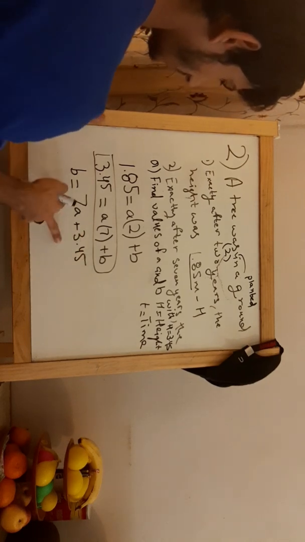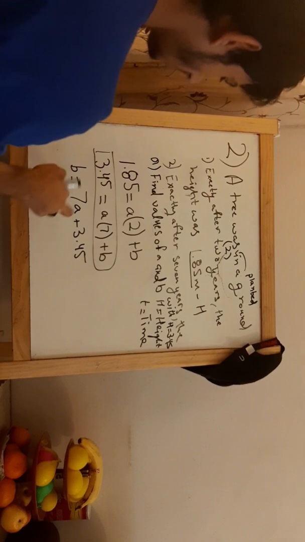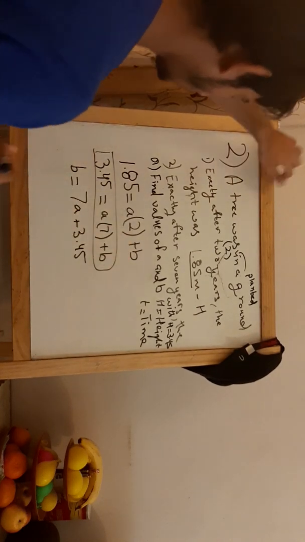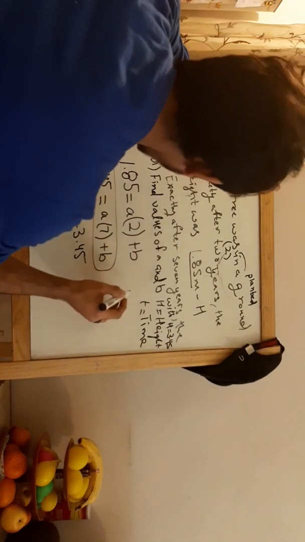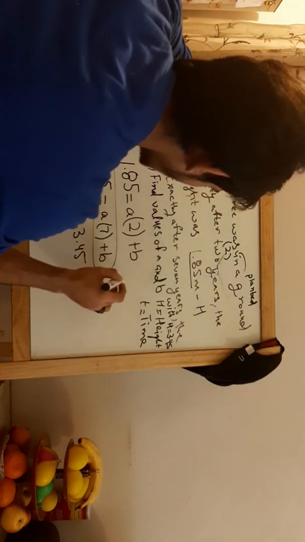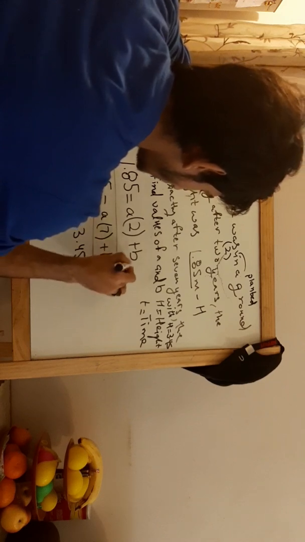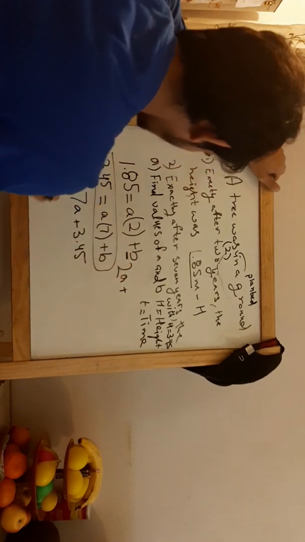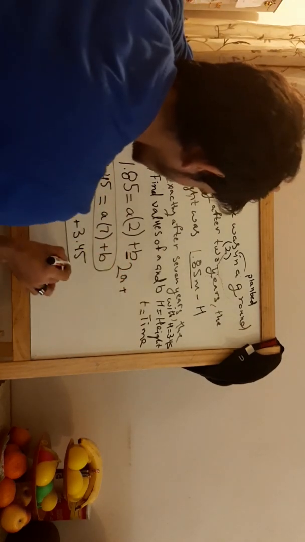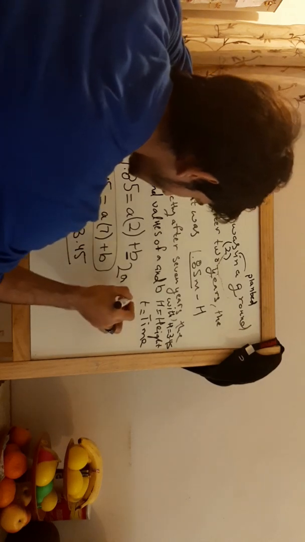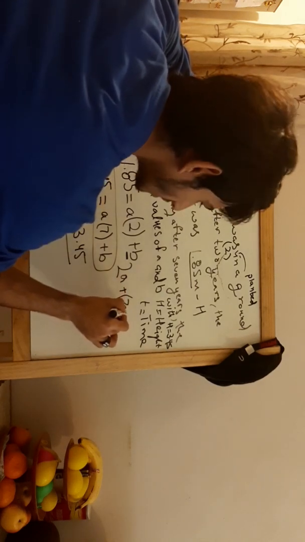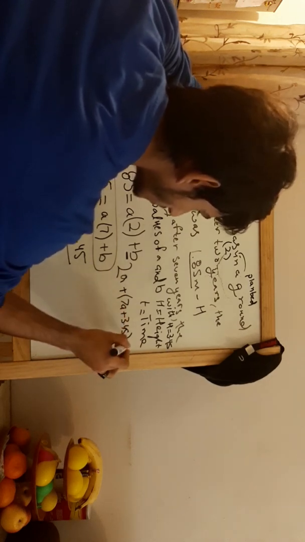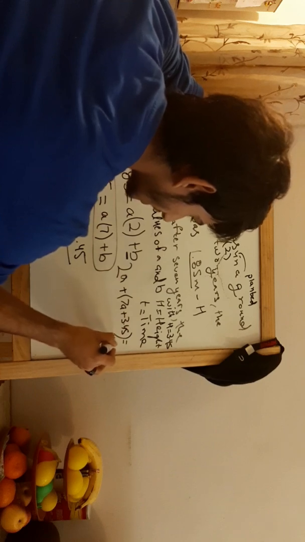Okay, so this is b, and now you're gonna take this b and insert it in this equation, whereas it will go as a times 2 plus, here the b, this is the equation for b now, 3.45 minus 7a equals 1.85.